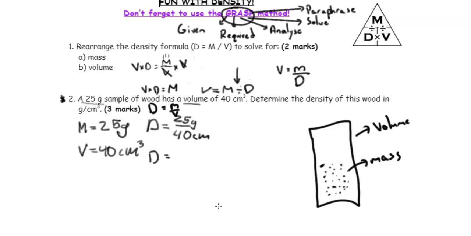Yeah, that's a fraction, so we're going to change that. Good. And what's the last step?